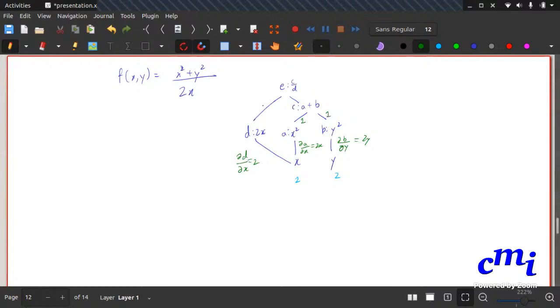This will be minus c by d squared. This will be 1 by d. And this is it. Then when we're doing the forward calculation, we know that x and y is 2. So the next step, we see the values of the partial derivatives along each edge. This edge gets labeled with 2, this edge gets labeled with 4.